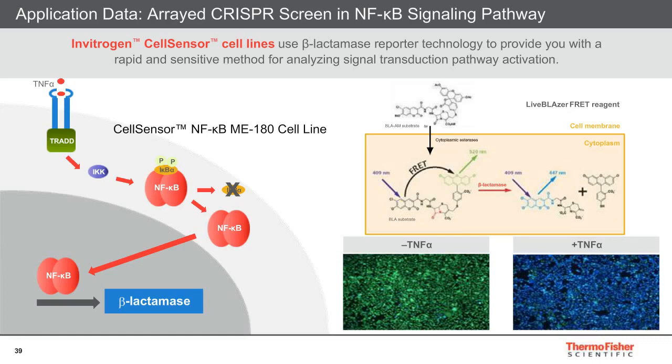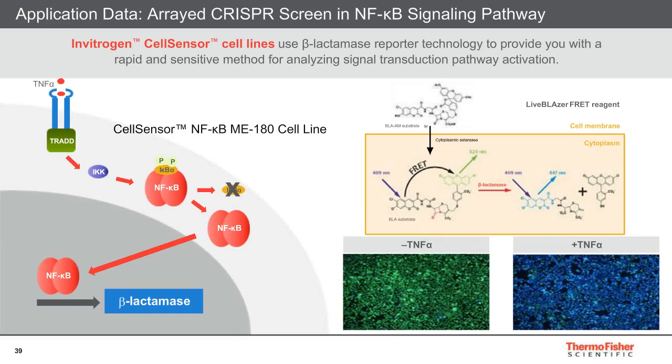So the cell sensor line expresses a beta-lactamase reporter under control of NF-kappa B response promoter. So once NF-kappa B is activated, it translocates to the nucleus and activates beta-lactamase.